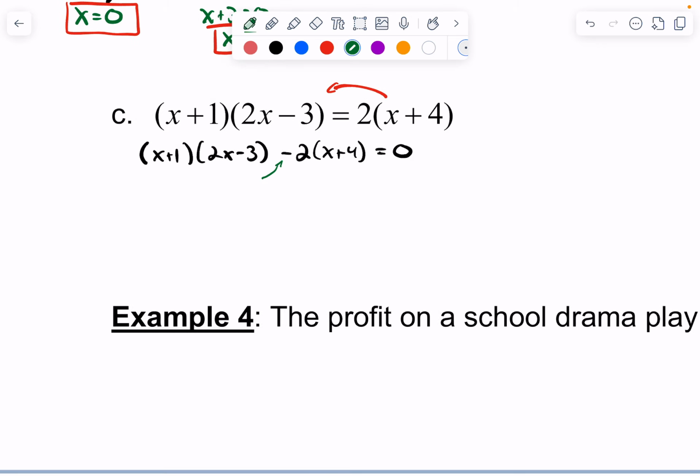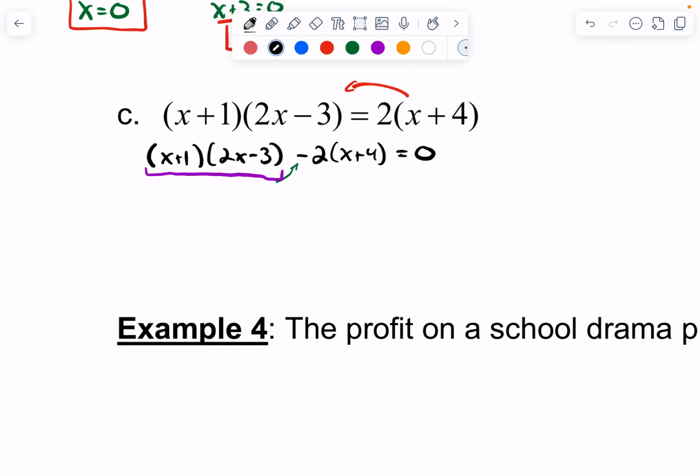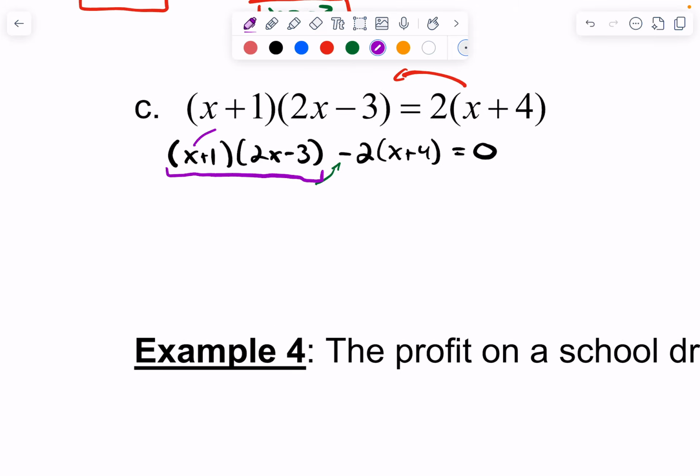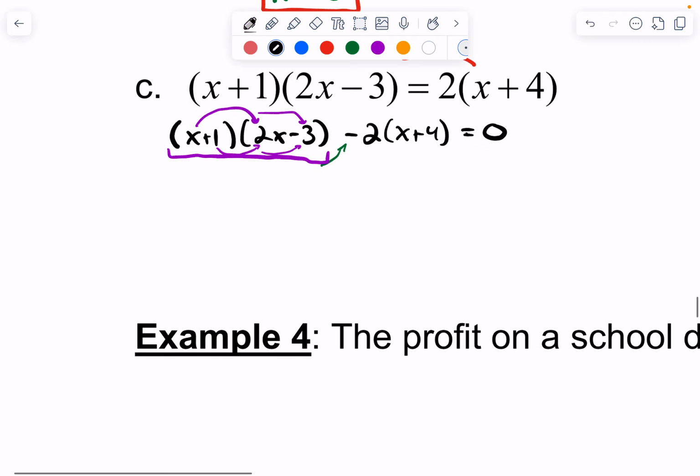Let's expand this out. If we expand out this bracket right here, do your foiling. So take this term, multiply it in, do the same thing for the 1 into this term, into this term. If you do that, you'll get 2x squared minus 6x plus 2x minus 3.